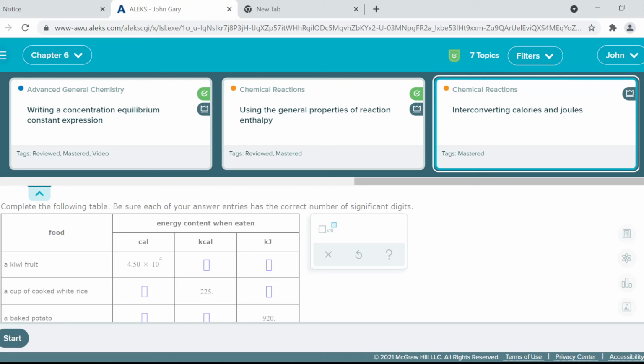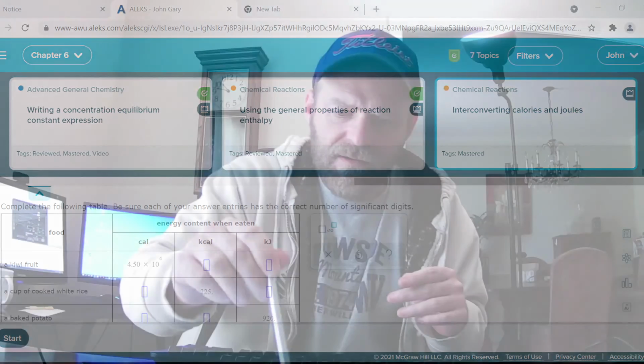Remember, 4.184 joules equals 1 calorie, and then 1,000 calories equals 1 kilocalorie. So you ought to be able to do this just like we did the earlier unit conversions and prefix conversions from the first part of the course. All right, so that's it.